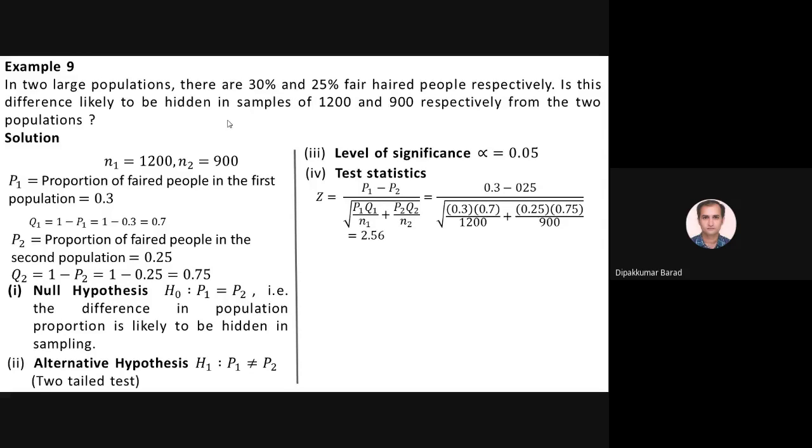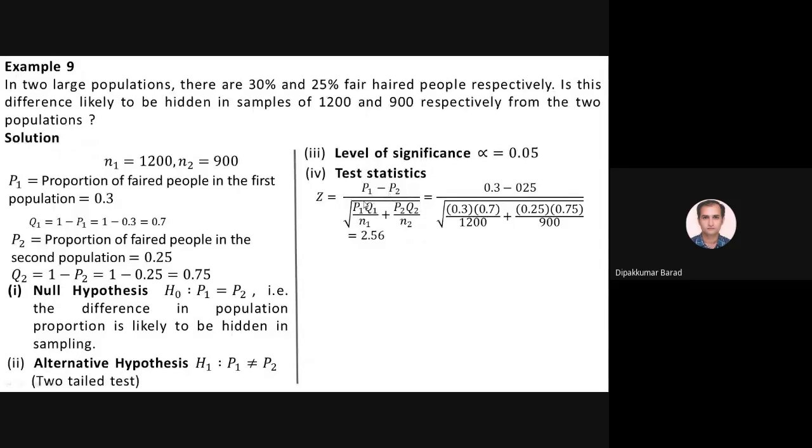So in the Z test statistic here, Z is equal to capital P1 minus capital P2 upon under root capital P1 Q1 upon N1 plus capital P2 Q2 upon N2, instead of small p1 and small p2.